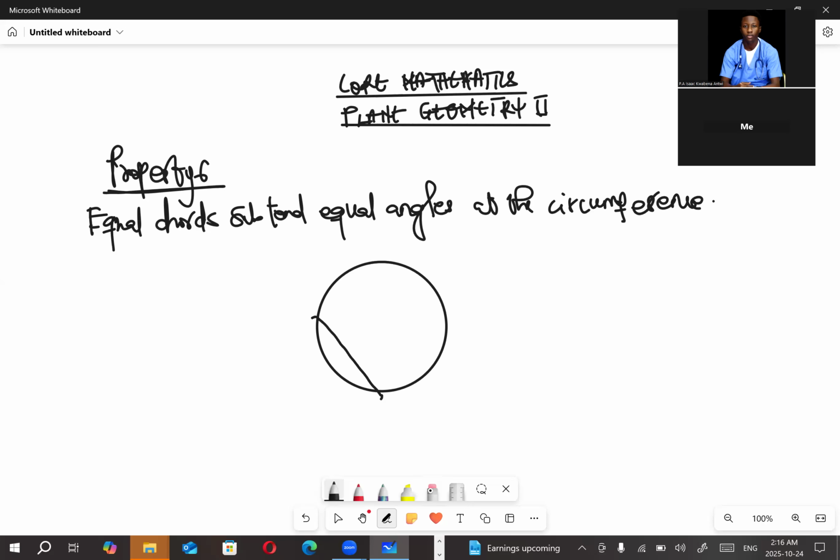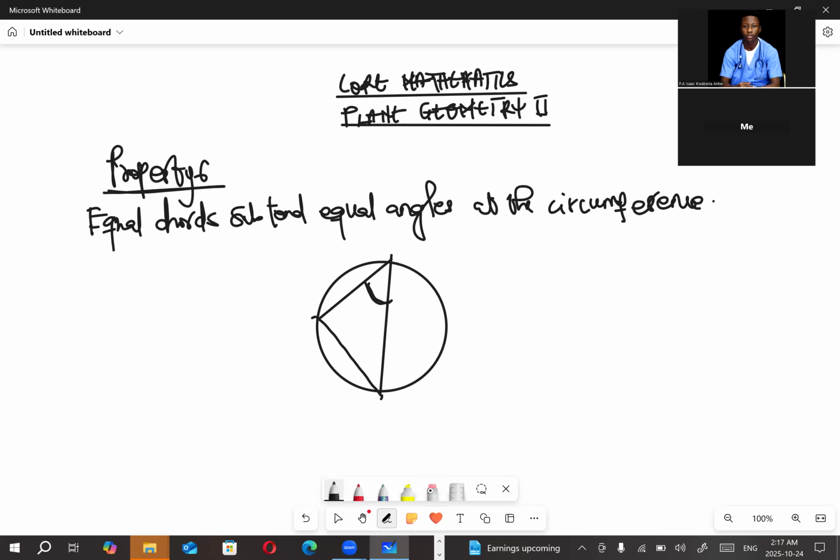So there's a chord. We all know how a chord subtends an angle. It has two ends, right? Then it makes an angle. What is the angle made? I'm asking a question.